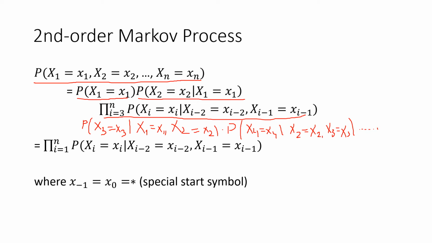So we can rewrite this equation in a more condensed form by putting the product symbol at the front of our equation. In this case, since we do not have any previous word before our first word, and before our second word we have only the first word, we cannot condition on two previous words.